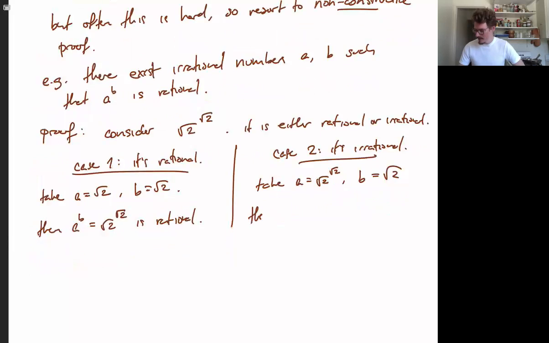Then a to the b equals root 2 to the root 2 to the power square root 2. And if you remember your exponent laws, this is what happens: if you have a power and then another power on top of it, they get multiplied. So this is root 2 squared, which is 2. And that's clearly rational.